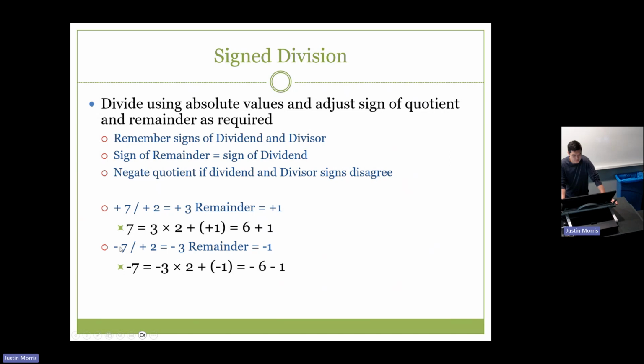And then the signs of the dividend and the divisor differ, so our quotient needs to be negative. We flip that too. So we get -3, remainder of -1. And you would do the same thing if the signs were flipped, but now your remainder is positive because your dividend is the one that's positive.